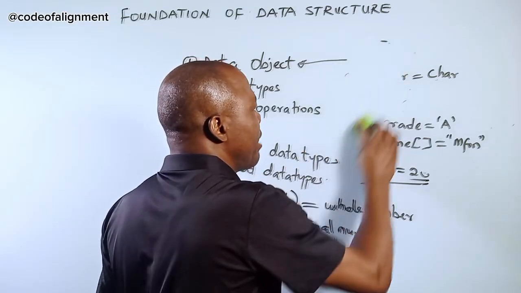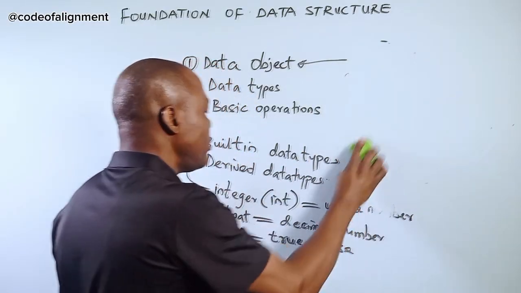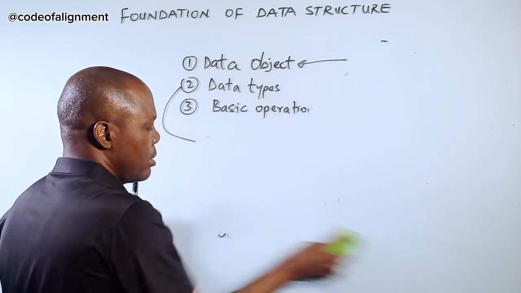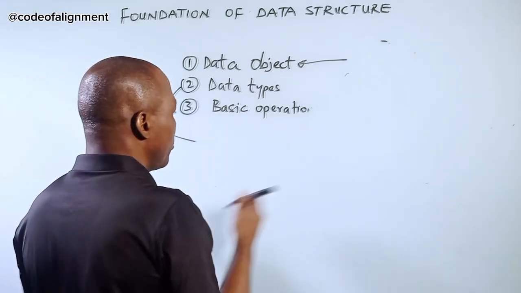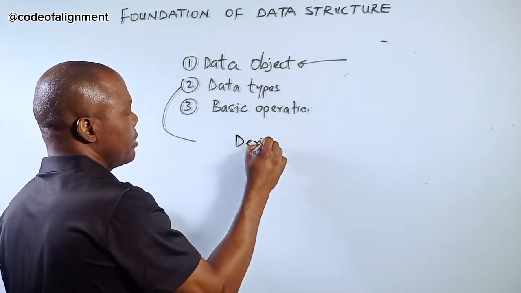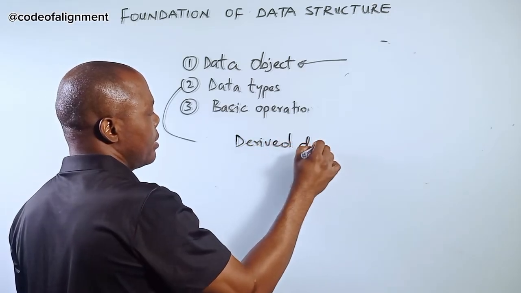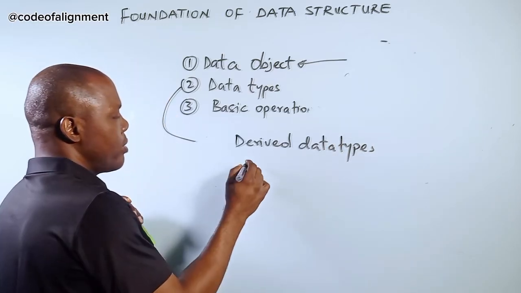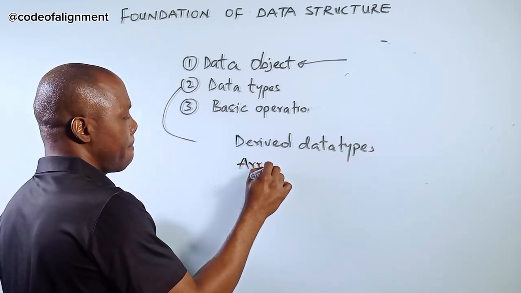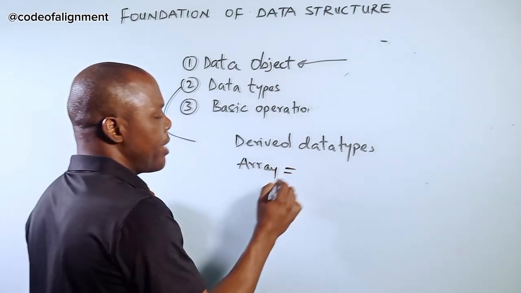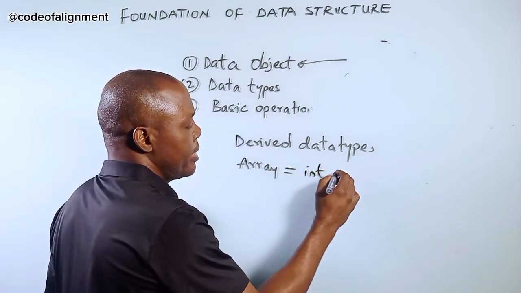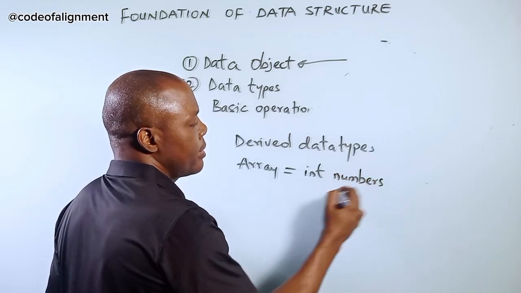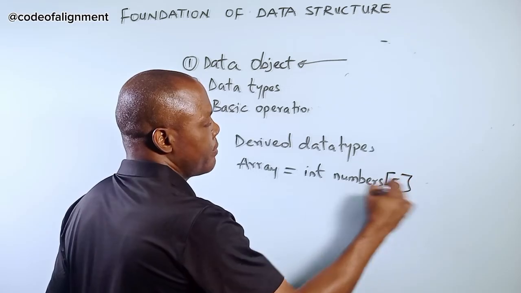So example of derived data types. So this one we are looking at what? Array, right? Now this array, you can say int, right? Int numbers, and then 5.